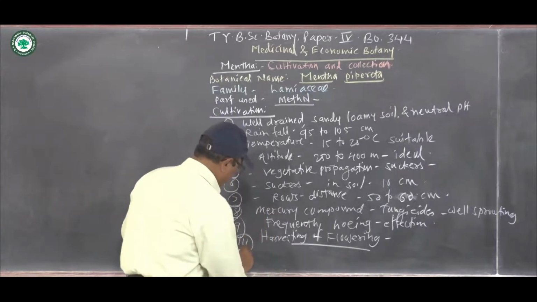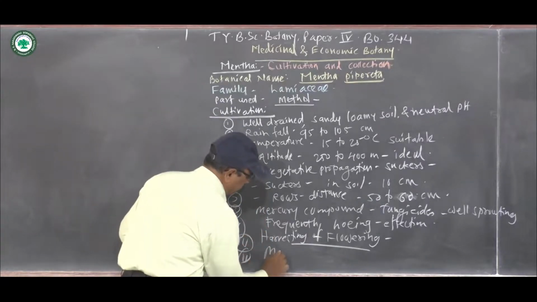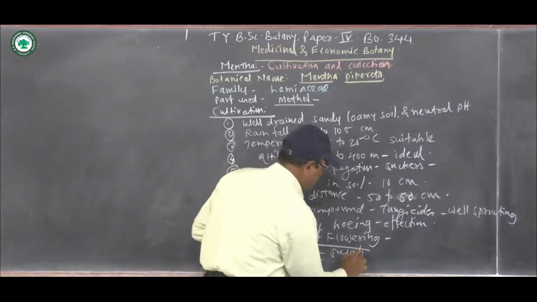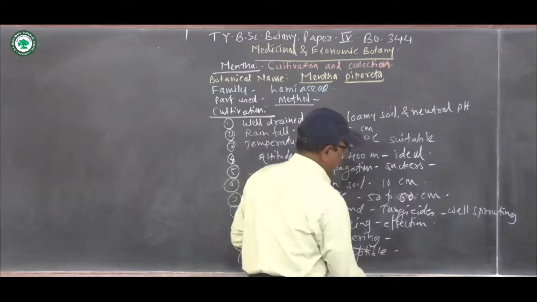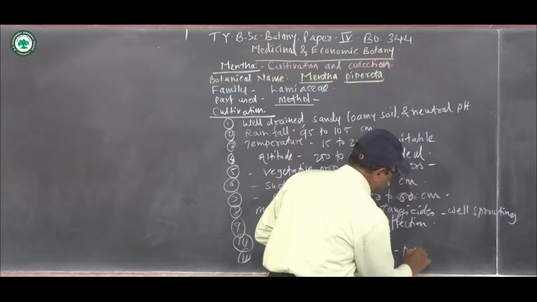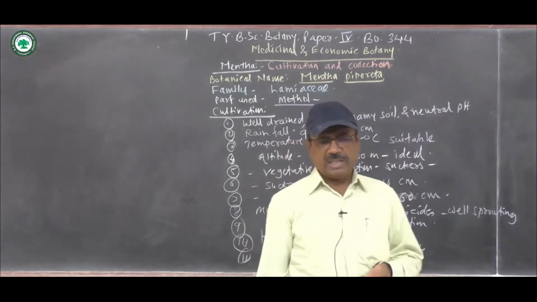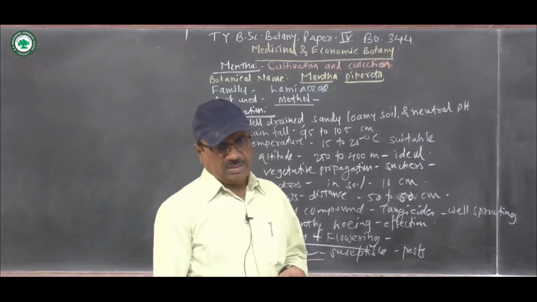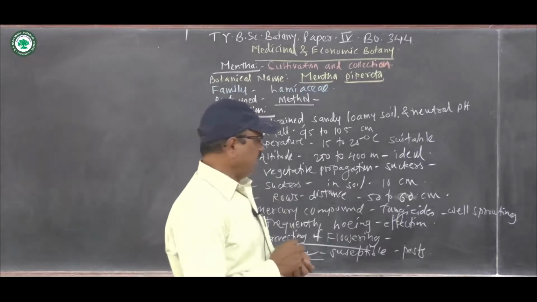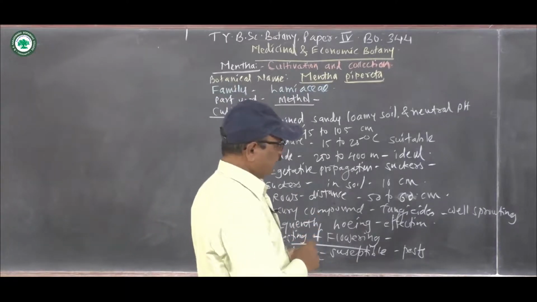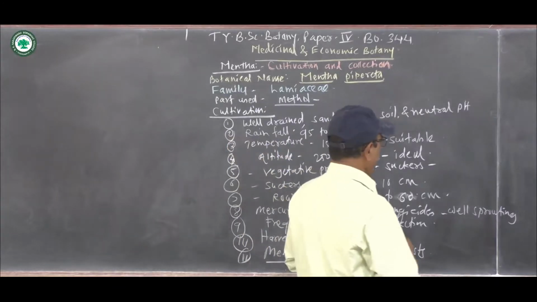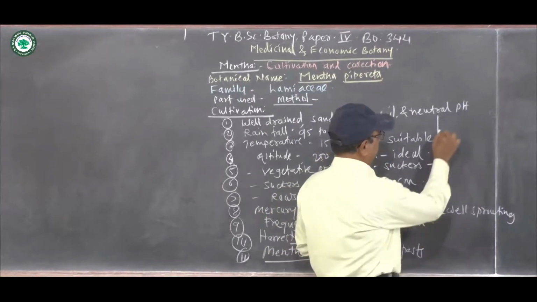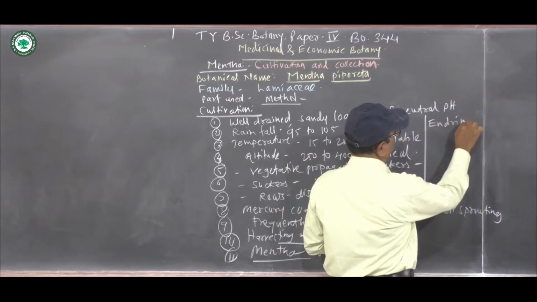Then the important thing is that this Mentha is very susceptible to different types of pests. So it gets affected or infected by different types of pests, and so pest control is a very important, serious problem for the harvesting. And this pest control is carried out with the help of different types of pesticides like endrin.